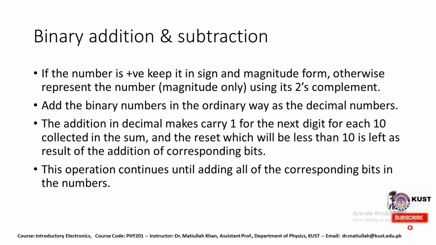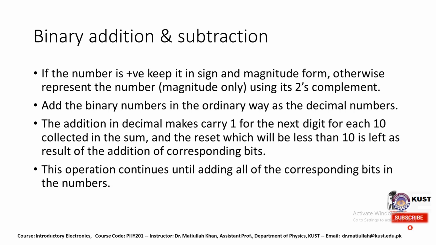In the case of binary arithmetic, or binary addition and subtraction, if we have a number that is positive, keep it in its sign and magnitude form, otherwise represent the number by its magnitude only and its 2's complement. So what we need to do is add the binary numbers in the ordinary way as decimal numbers.